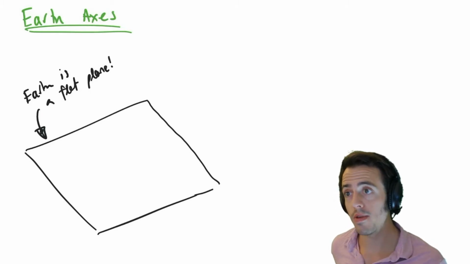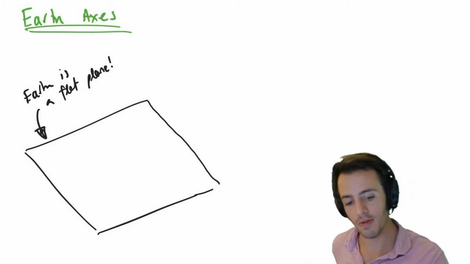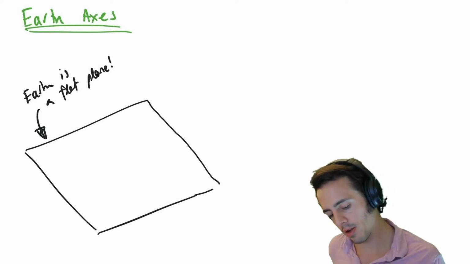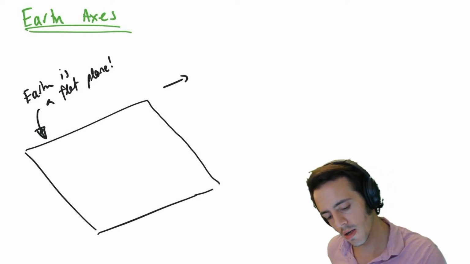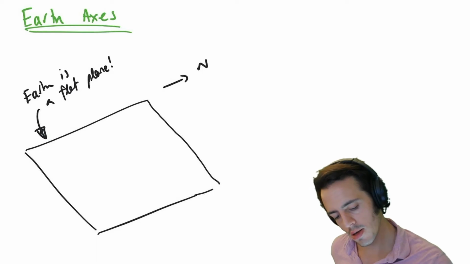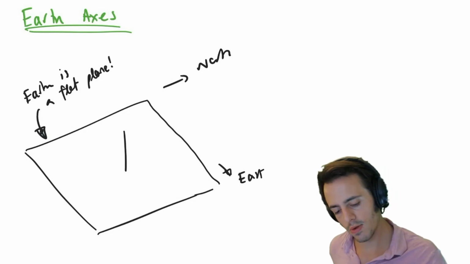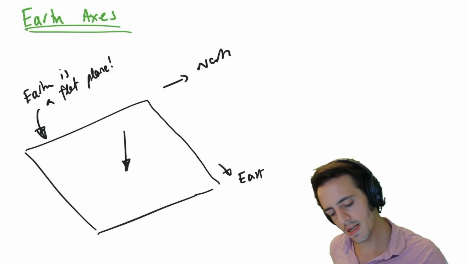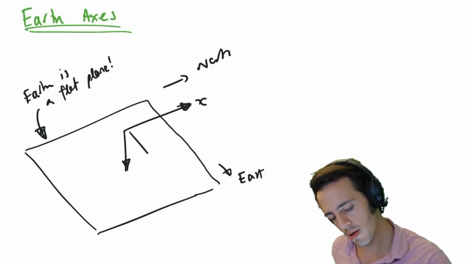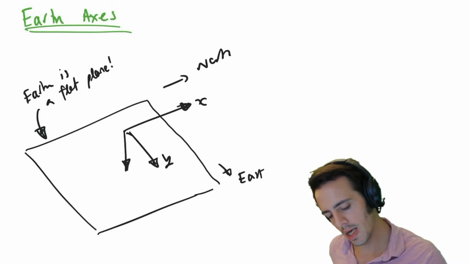But for the purpose of our Earth axes, we say we've got a big infinite plane upon which the aircraft takes off from. So if we define north going in that direction, east going in this direction, then our Earth axes have Z down, X is aligned with north, and then Y is defined going east.